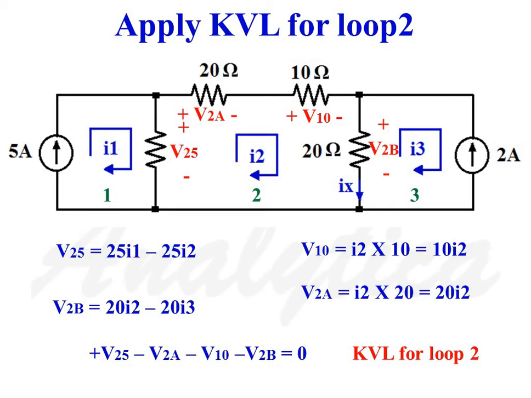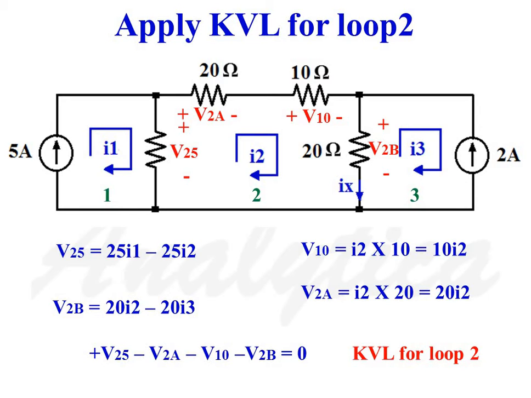Moving in the clockwise direction, considering voltage drop across the 25 ohm resistance first, as we move from negative potential to positive potential, V25 should be taken as positive. When we consider voltage drop across the 20 ohm resistance, as we move from positive potential to negative potential, V2A must be taken as negative.